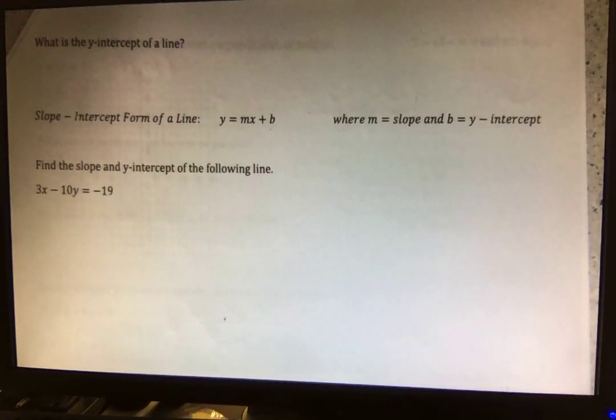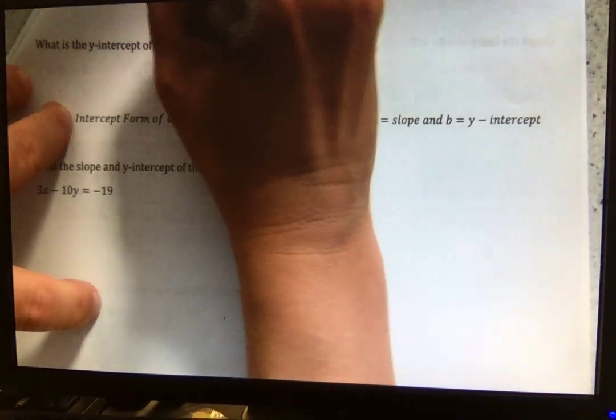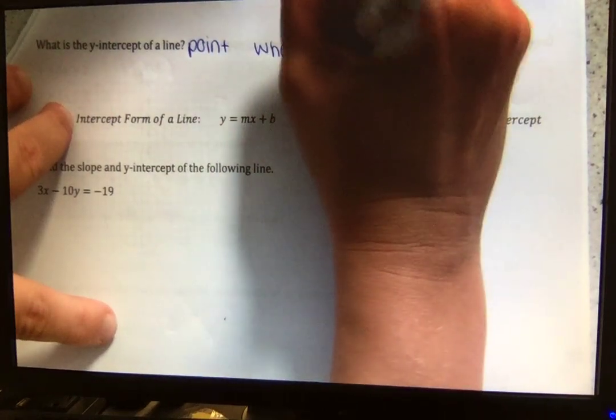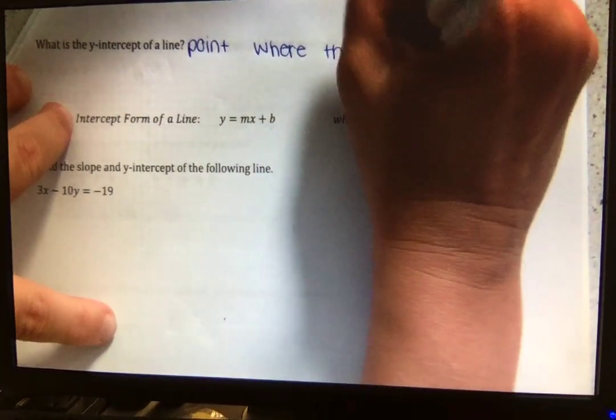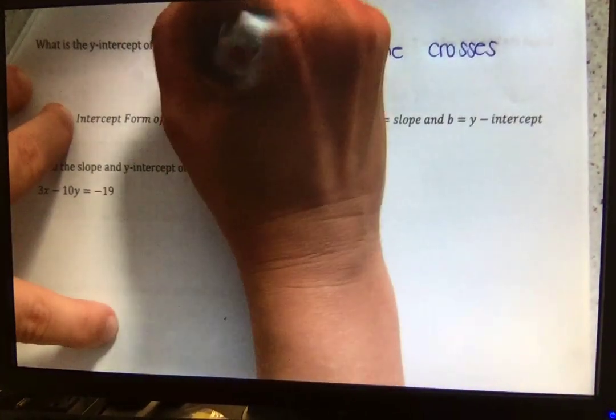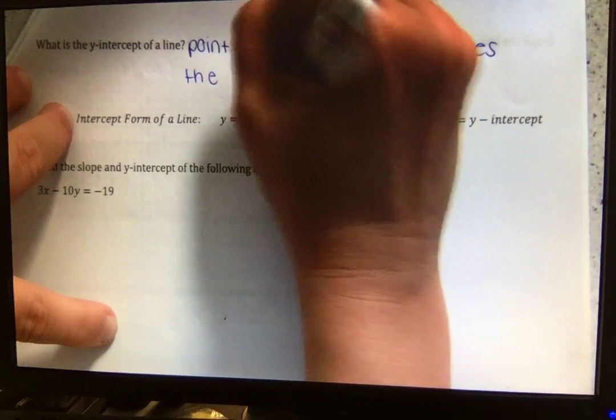So just refreshing our memory again, what is the y-intercept of the line? That's where the line crosses the y-axis. It's the point where the line crosses the y-axis.